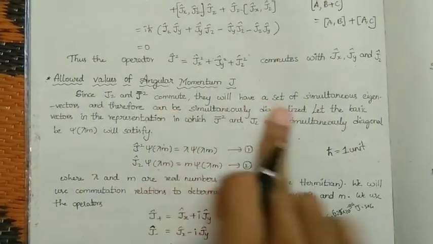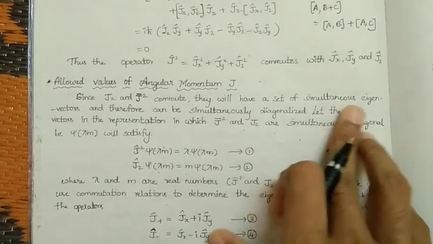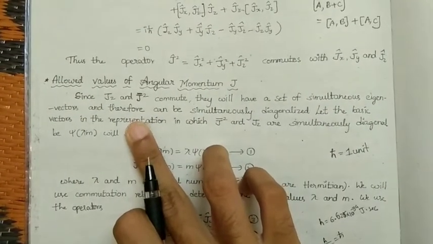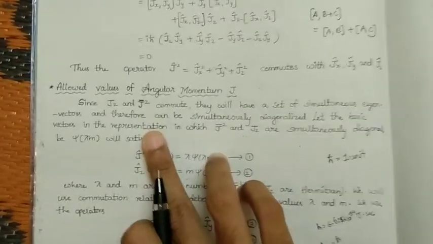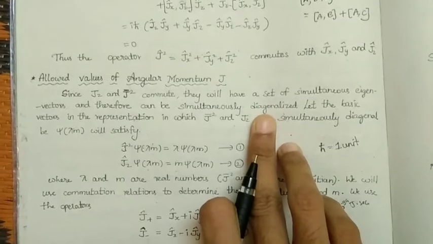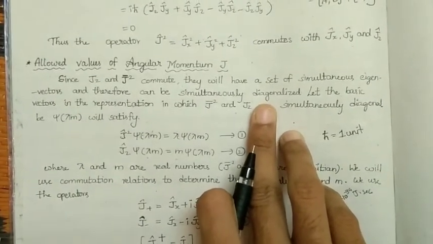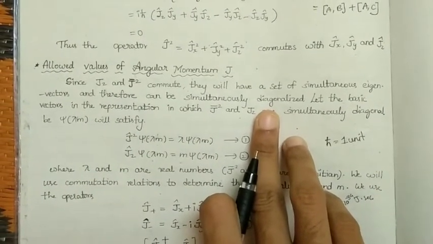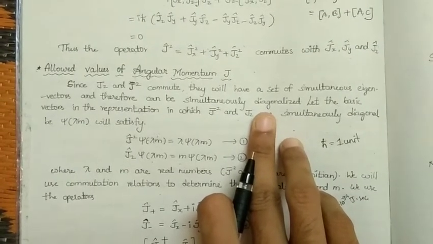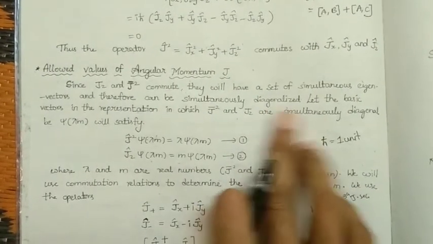Because of that commutation, they are said to have simultaneous eigenvectors, that means the same eigenvectors, and they can be diagonalized simultaneously.